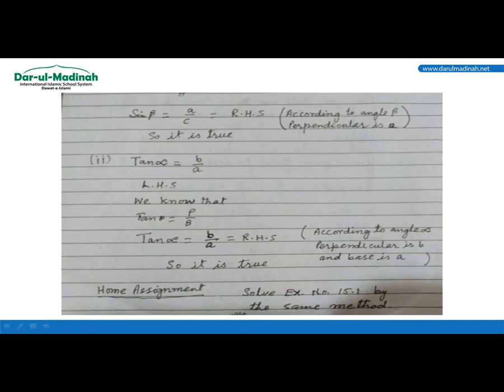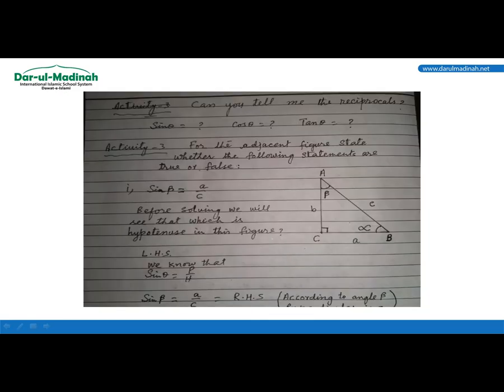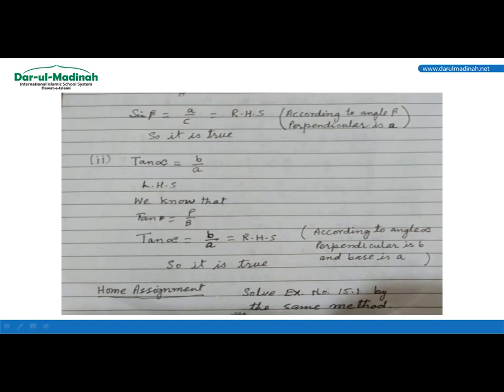Tan theta is equal to P upon B, perpendicular upon base, and according to alpha, our perpendicular is B, the opposite side of alpha, and base is A. So tan alpha is equal to B upon A, which is the right hand side of our question. So it is also true.